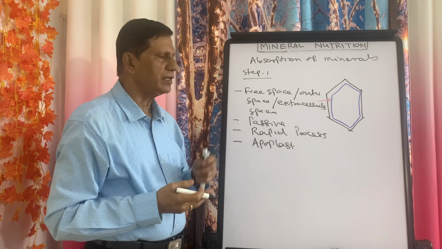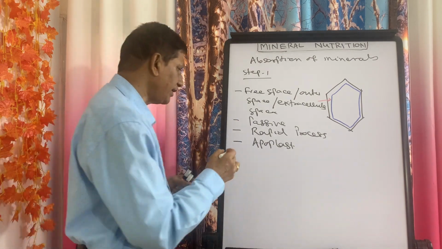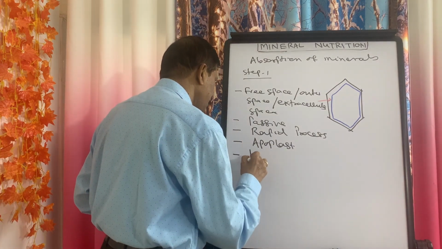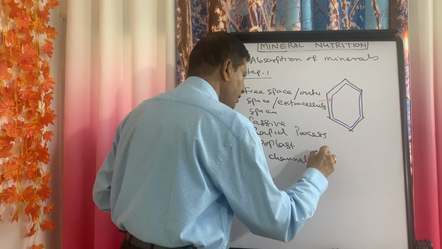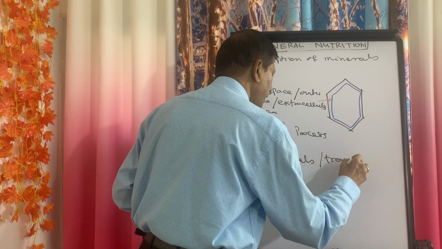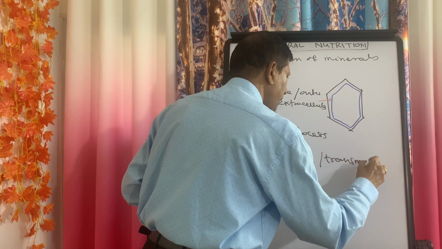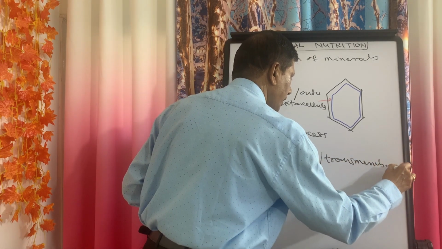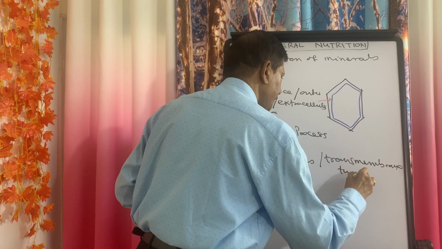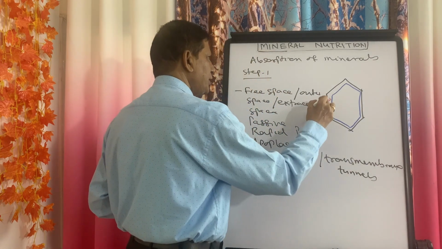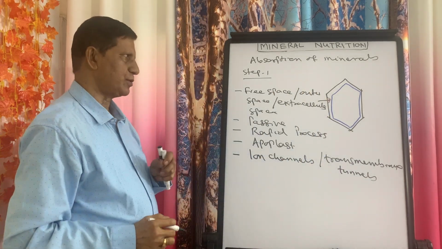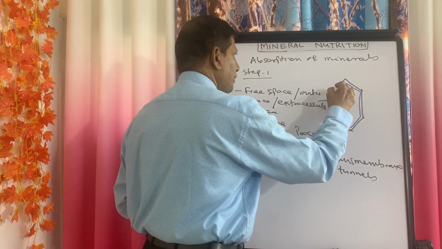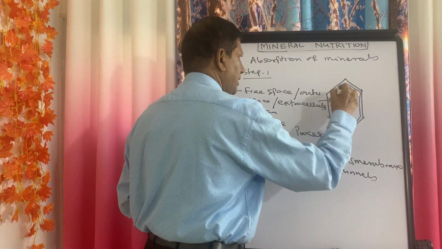Simply it enters the cell wall, and it is regulated by certain ion channels, or we can say transmembrane tunnels. So this happens in step 1. In step 2, what happens? In step 2, from this outer space it will enter into the cell.